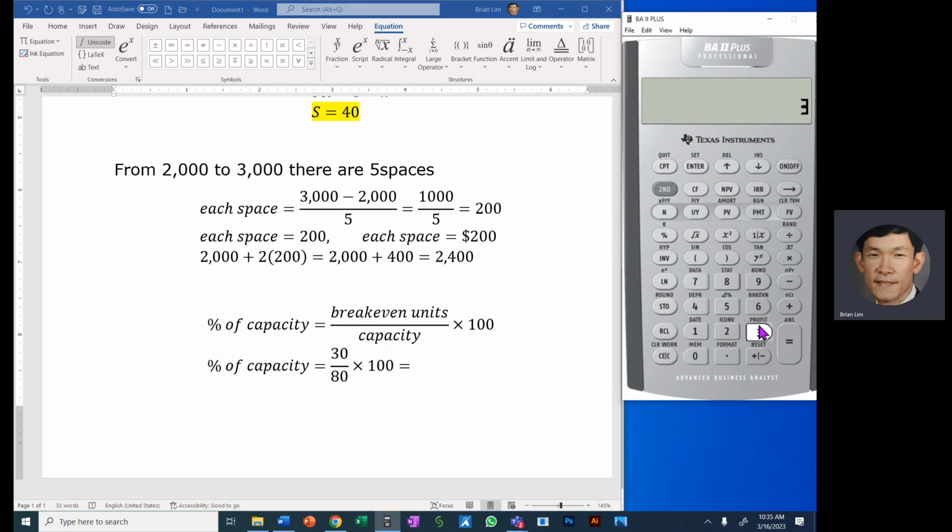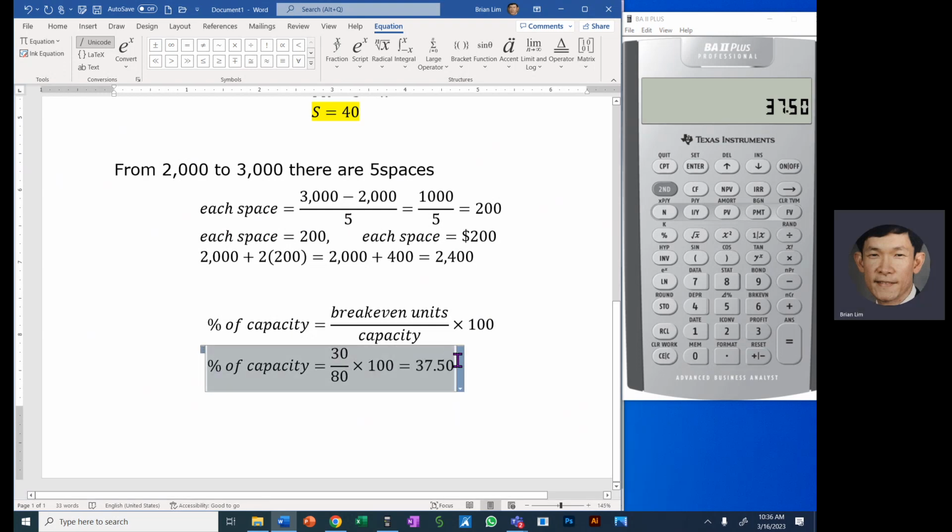So let's put them into the calculator. 30 divided by 80. And we multiply by 100. That gives us the answer 37.50. 37.50, and that would be the answer. That's the percent of capacity.